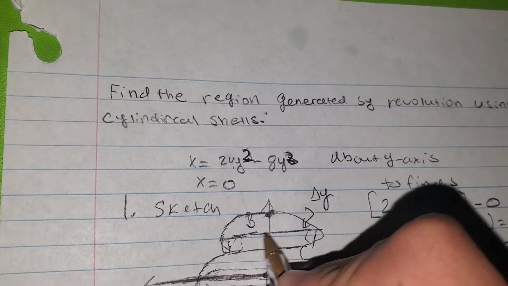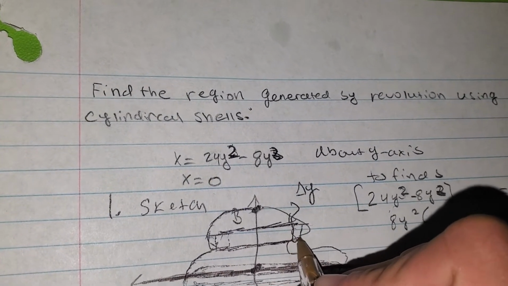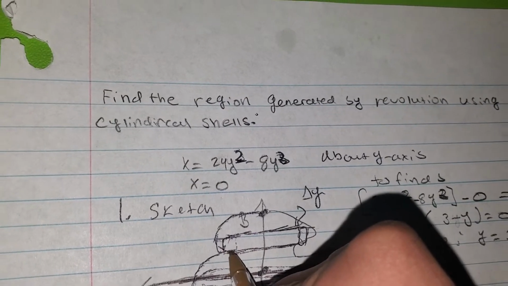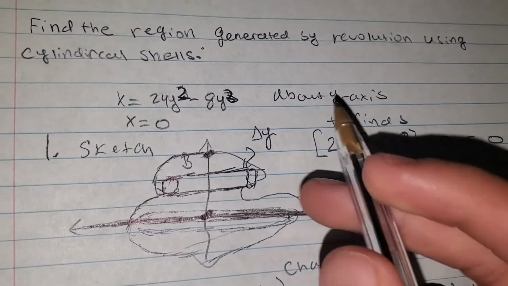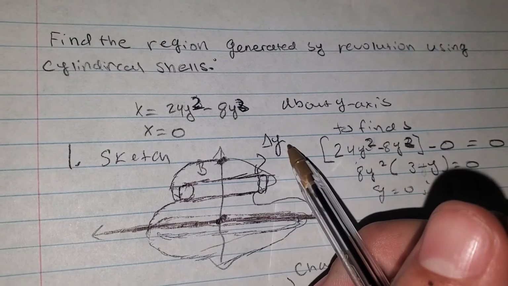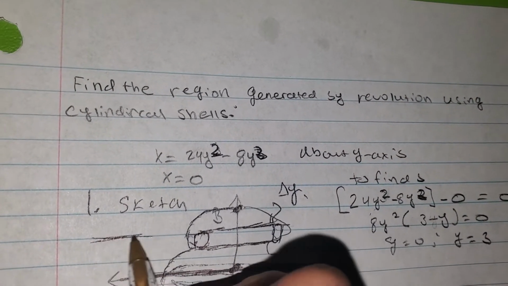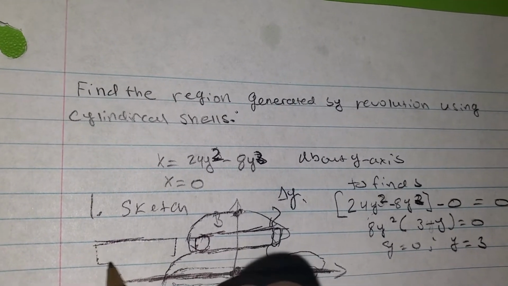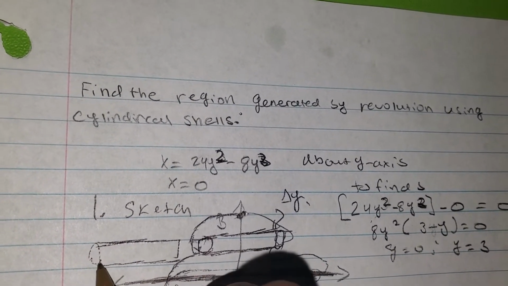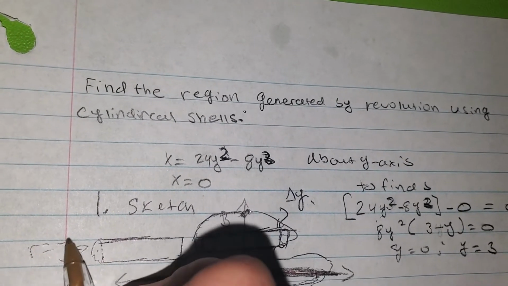You always want to draw your volume elements to see if it's going to be vertical or horizontal. If it's vertical, it's with respect to x. If it's horizontal, it's with respect to y. Our volume element has a radius of y.